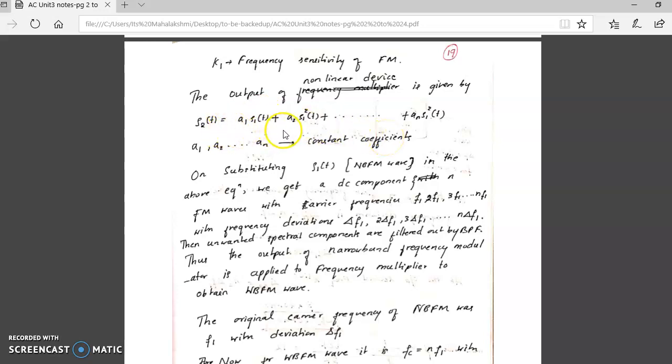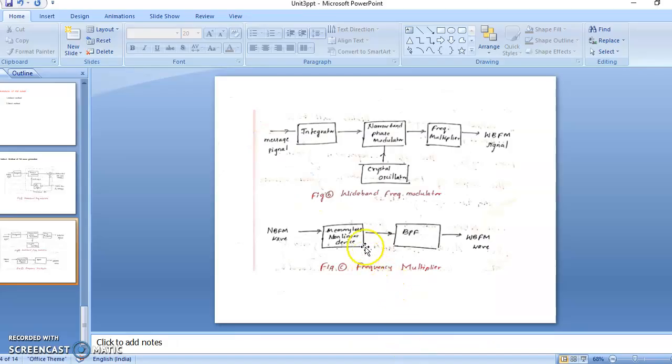A1, A2, A3 up to AN are all constant coefficients. So at the output of your nonlinear device, you will have S2 of t, which depends on your S1 of t.